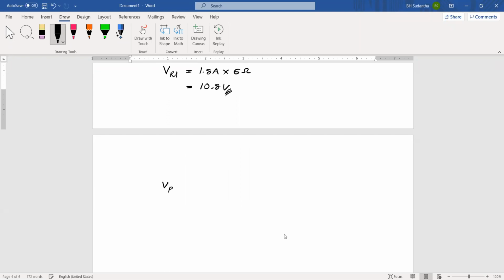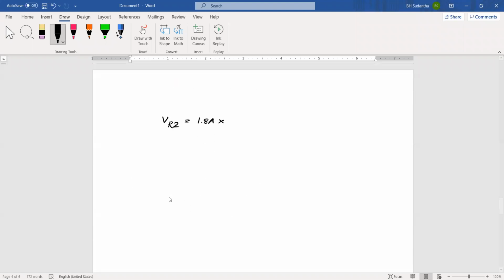VR2: again the same current is going through resistor 2 also. Resistance value 4 ohms. And it's 7.2 volts.